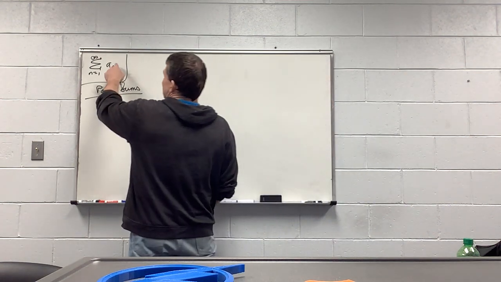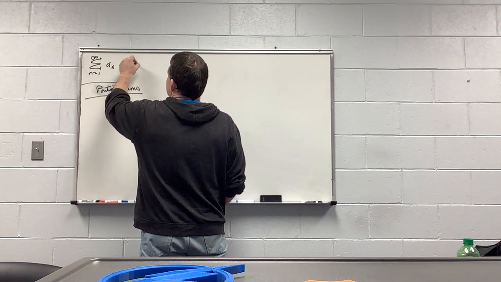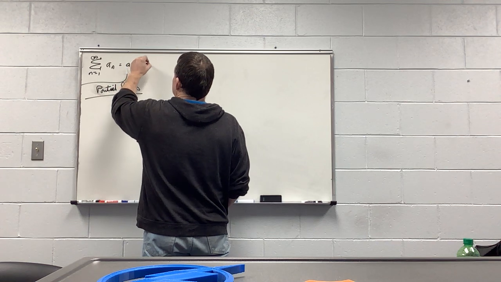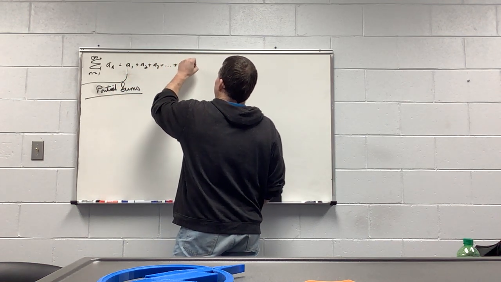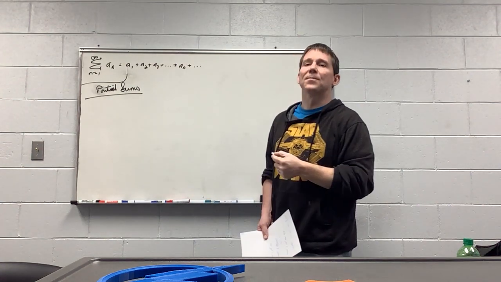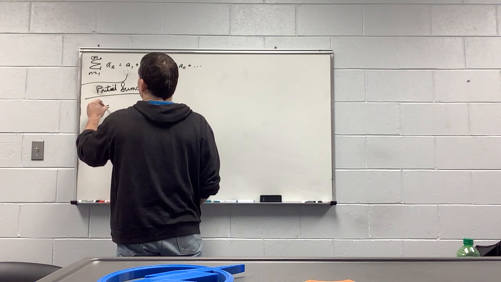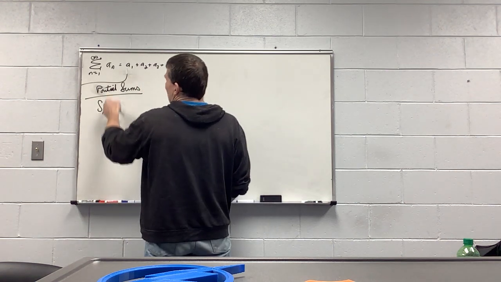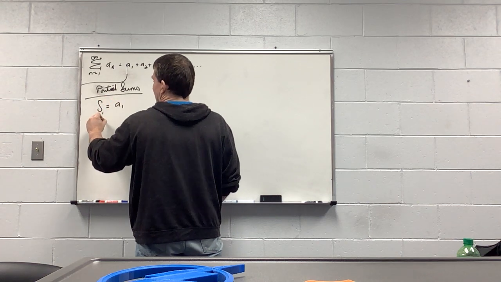But the idea is, suppose I have this series right here, which is a sub 1 plus a sub 2 plus a sub 3, all the way out to a sub n, and then it continues going on forever. A partial sum, maybe I say s sub 1, that is the sum of the first term, which is just one term, a sub 1.